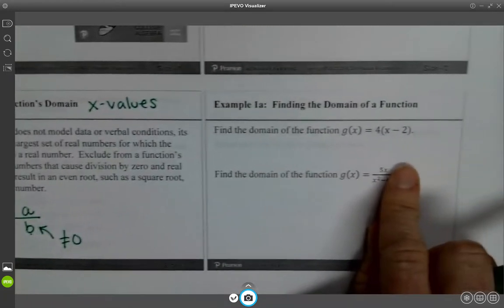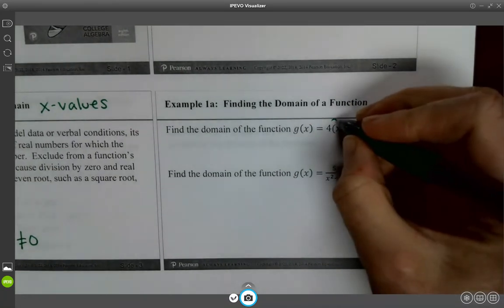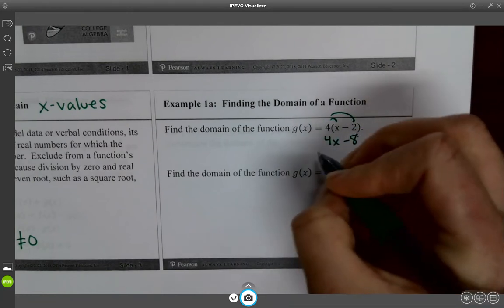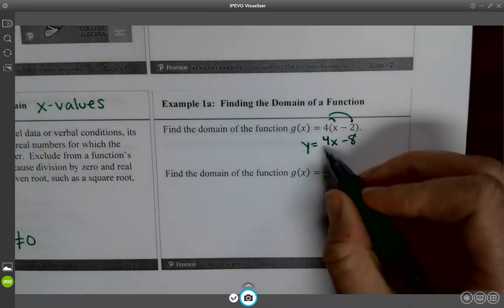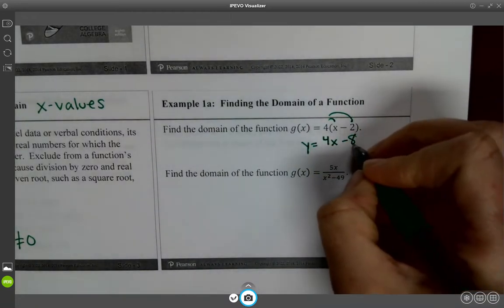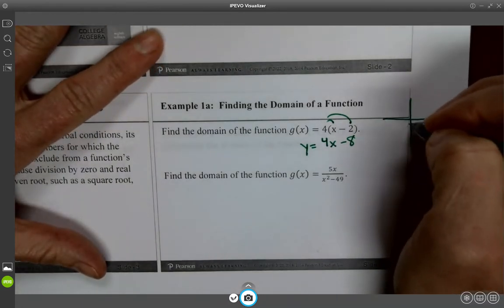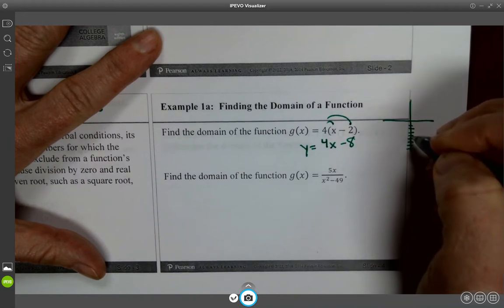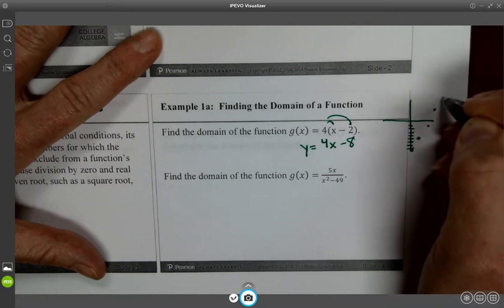So we'll look at this first function. g of x equals 4 parentheses x minus 2, which if you look at this, would be 4x minus 8. Let's just say it's y equals. This is just a linear function, slope of 4, y-intercept of negative 8. So if you were to go 1, 2, 3, 4, 5, 6, 7, 8, then up 4 over 1, something like that.